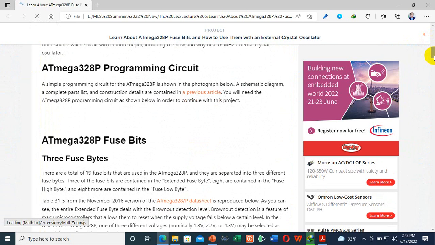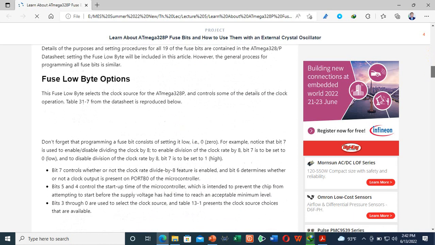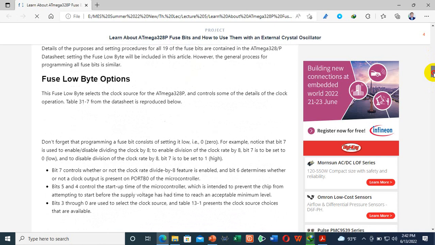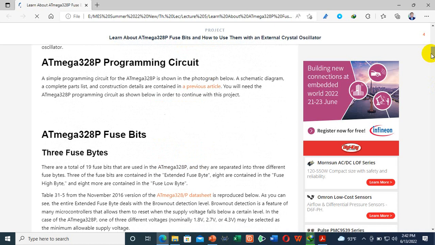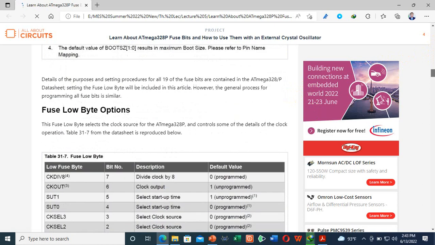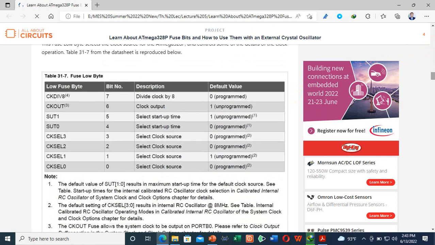Look over here. This is the register where you set or reset the bit.